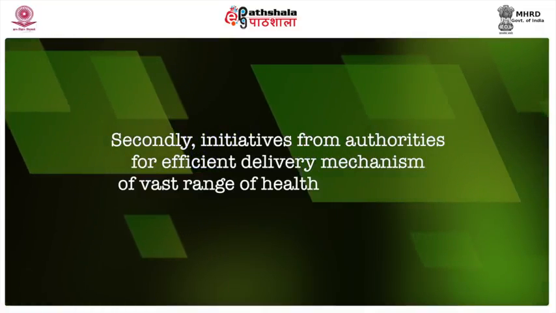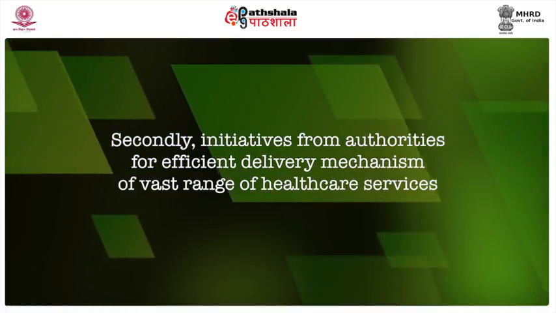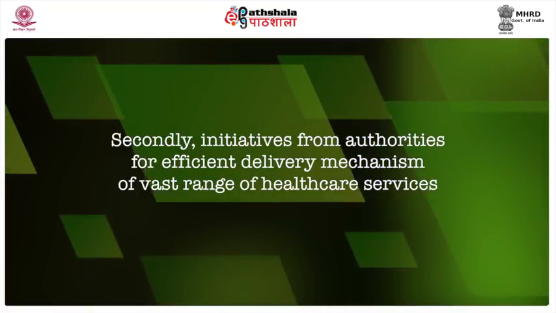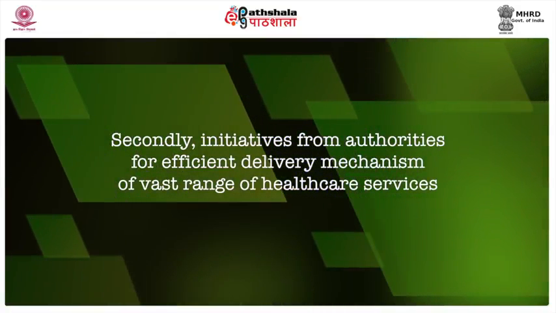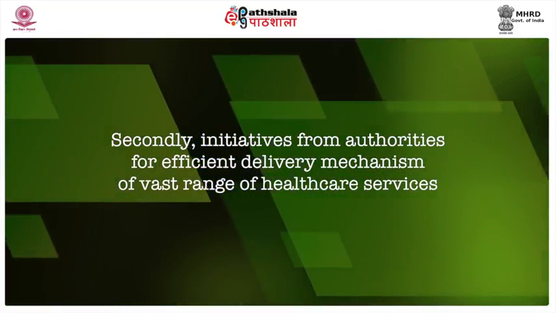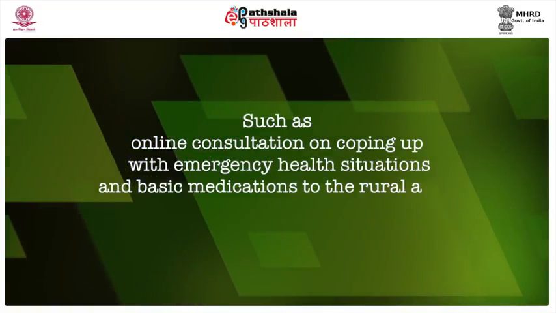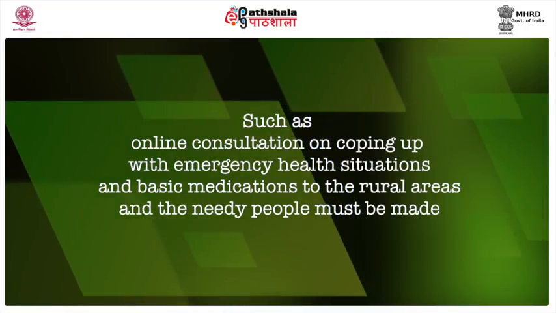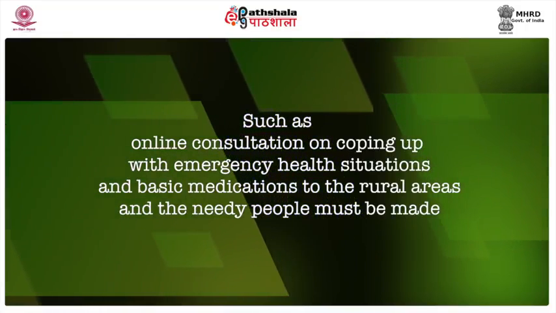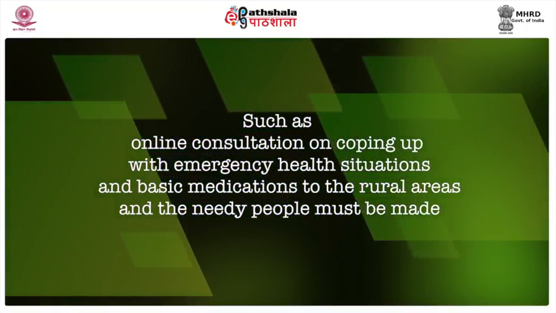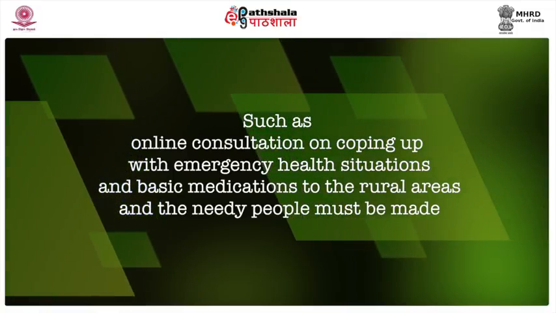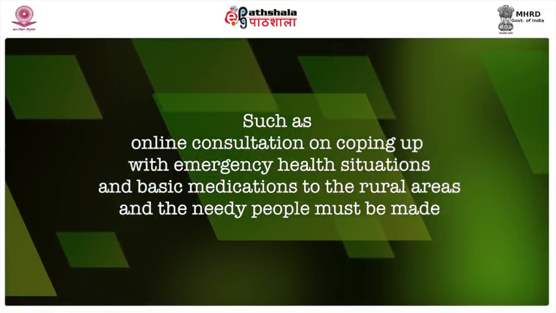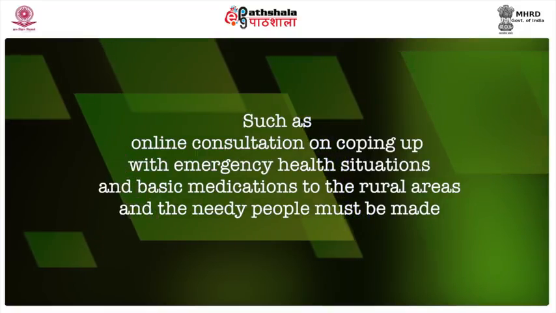Secondly, initiative from authorities for efficient delivery mechanism of a vast range of healthcare services, such as online consultation on coping up with emergency health situations and basic medications to the rural areas and the needy people, must be made.